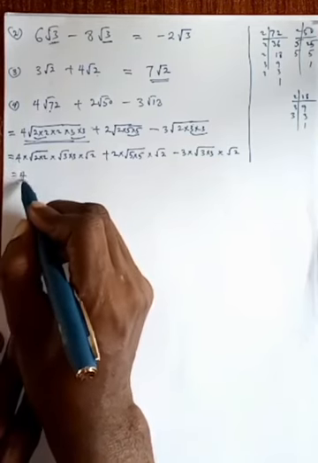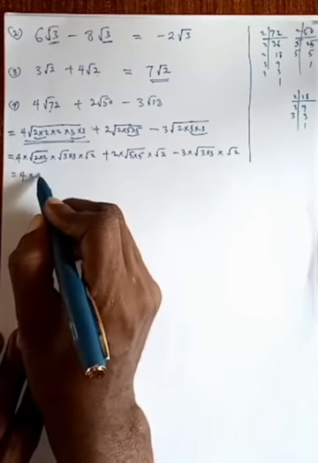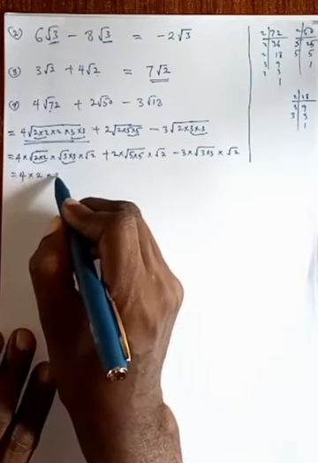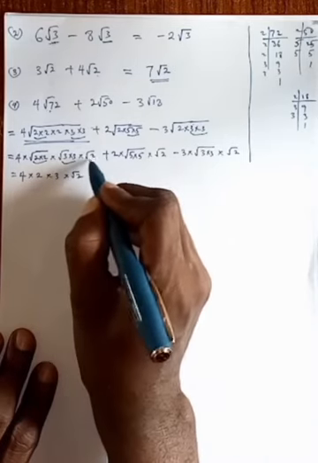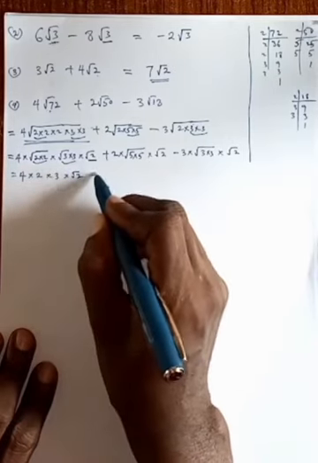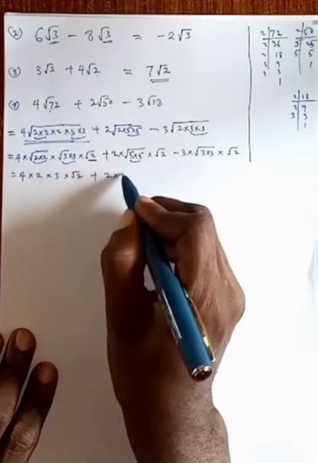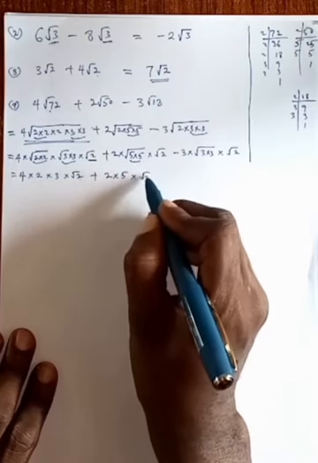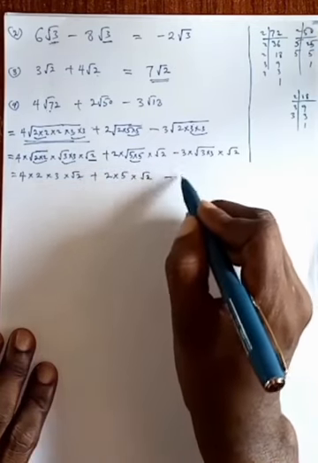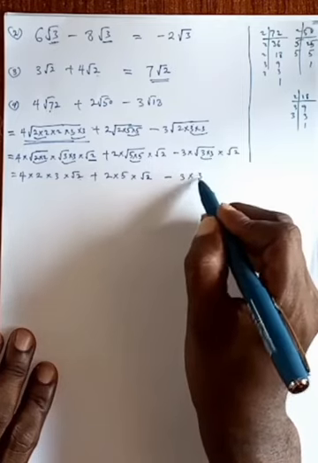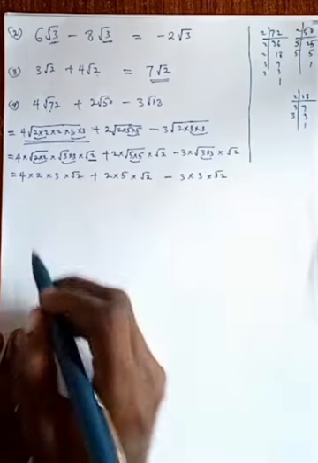And remember, this becomes 4 times, the result of this is 2, the result of this is 3, multiplied by the result for this one, which is going to be root 2, plus 2 times, the result here is going to be 5, multiplied by root 2, minus 3 times, the result here is 3, multiplied by root 2.